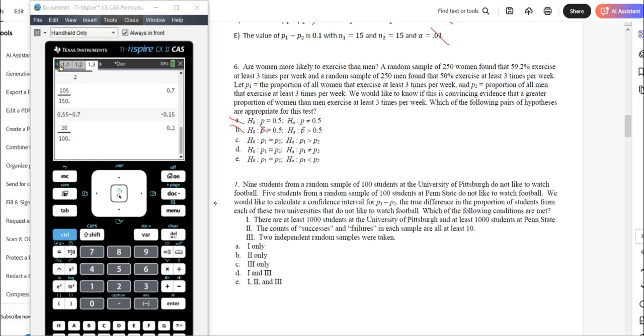So these at least, the null looks like it could be good there. So then, are women more likely to exercise than men? So is the proportion of women, and women is which one, the first one or the second one? Women is the first one there. So we want the proportion of women to be greater, so I think it's got to be C. That was not too bad.